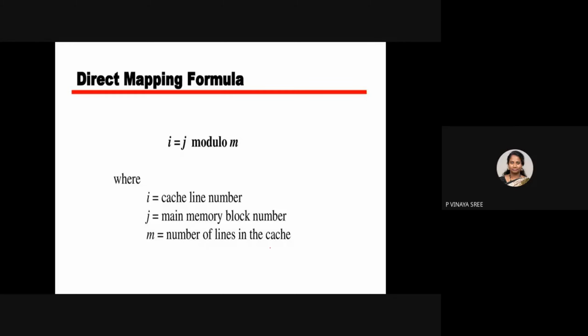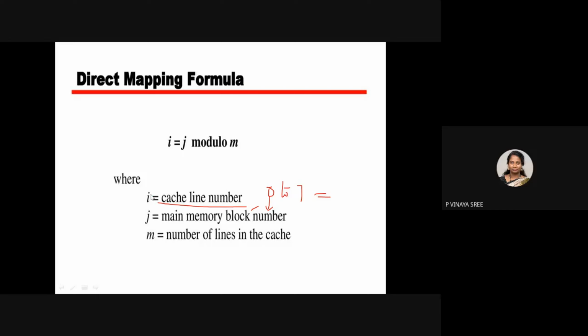For our example, the cache lines are 4, so m equals 4, and j varies from block number 0 to 7, because we have 8 main memory blocks in total. As we start from 0, the j value goes from 0 to 7. The cache line number is the value we get after substituting, that is the i value.